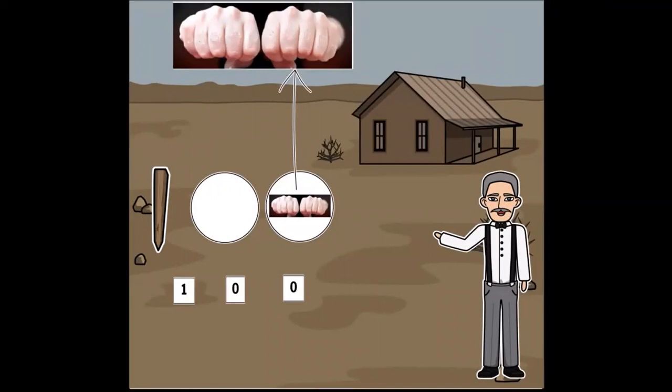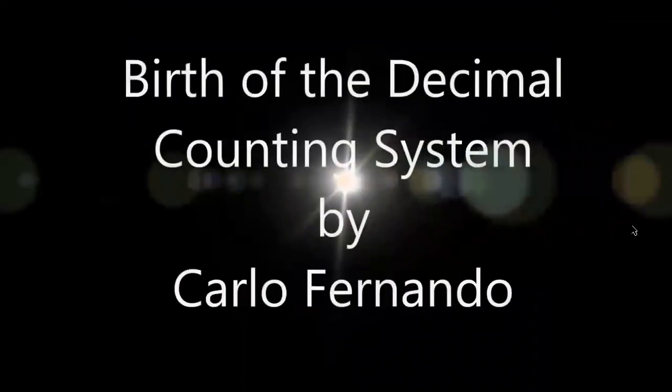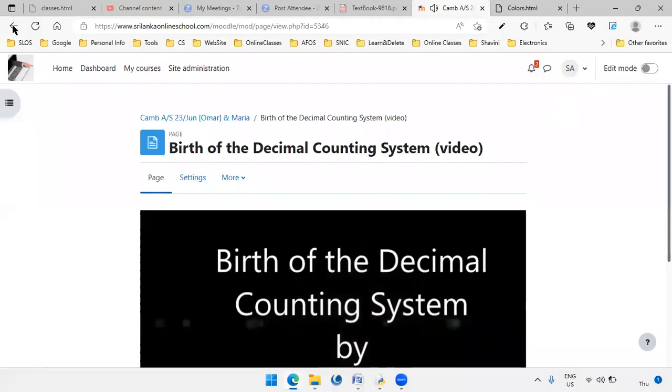Now it was one stick in the hundreds column, naught or zero in the tens column, and all fingers closed in both hands, another naught. It looked like this: 1, naught, naught, or 1, 0, 0, which was called 100. That explains the birth of the decimal counting system.